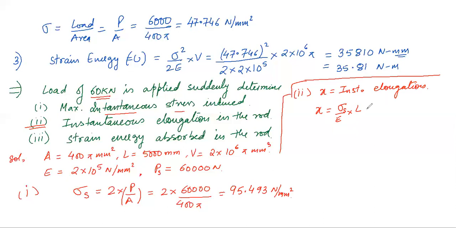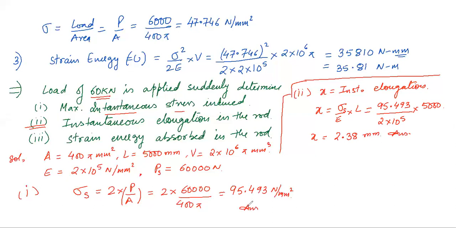We have already calculated sigma s, which is 95.493 upon the value of E, which is given in the question as 2 into 10 to the power 5, and the length of 5,000. So the instantaneous elongation x is 2.38 mm.